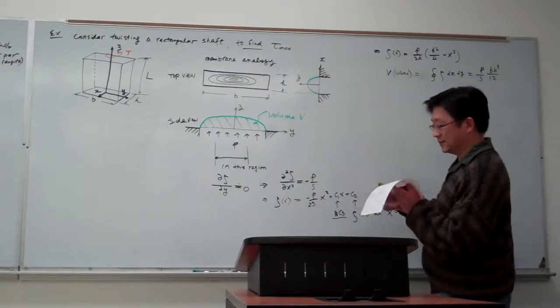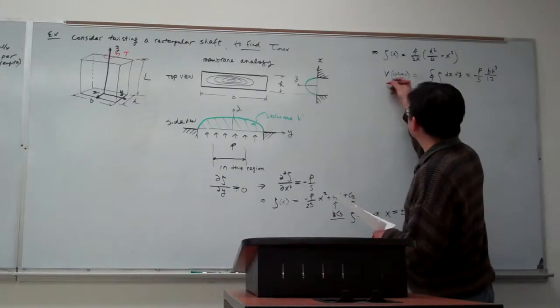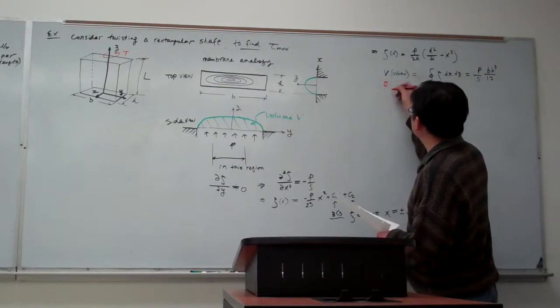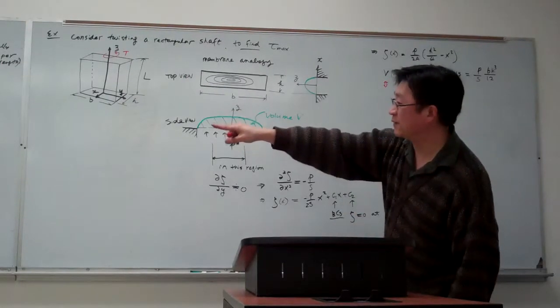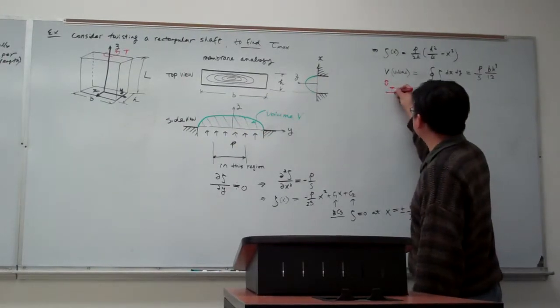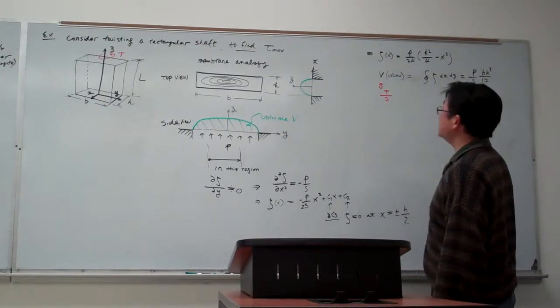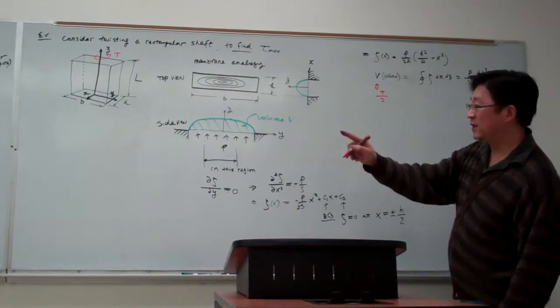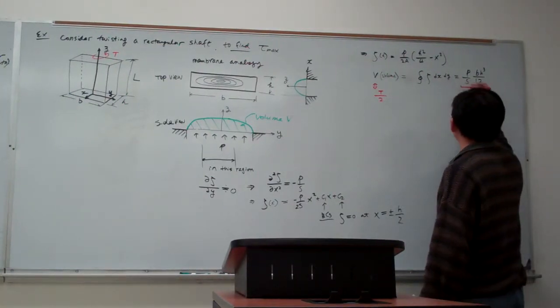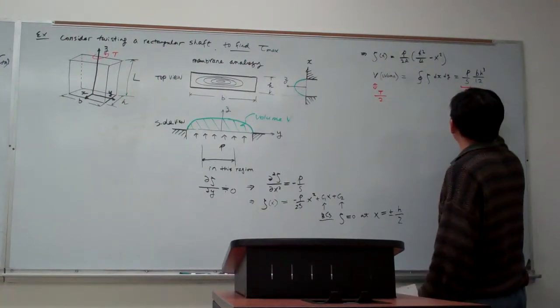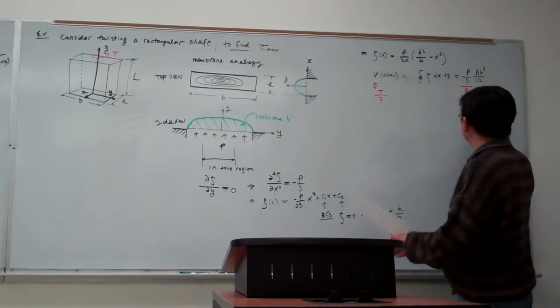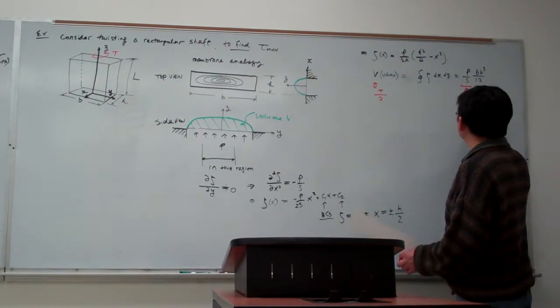V is equivalent to T over 2, and P over S is equivalent to 2G beta.